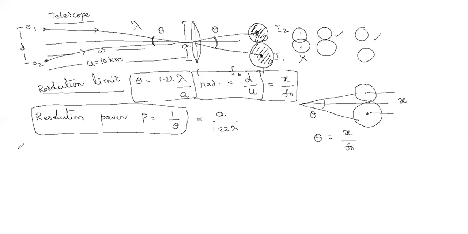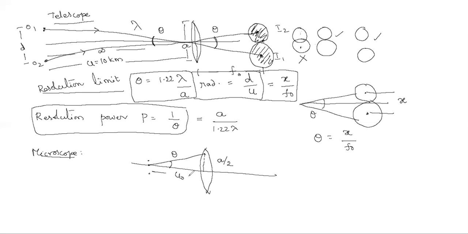Suppose you take the microscope. Generally, in a microscope we take the object at near distance. Suppose this is one object taken on the axis, and this is the theta we are taking. The angle is A by 2, and this is UO.